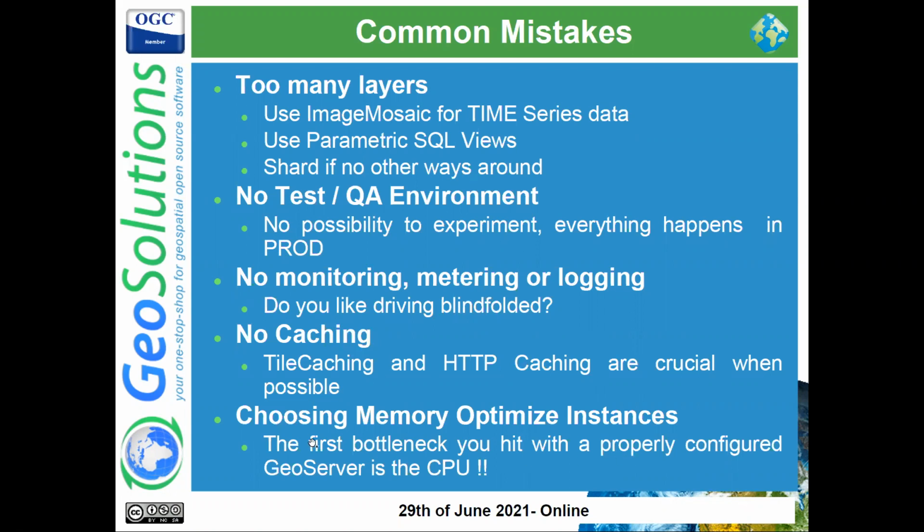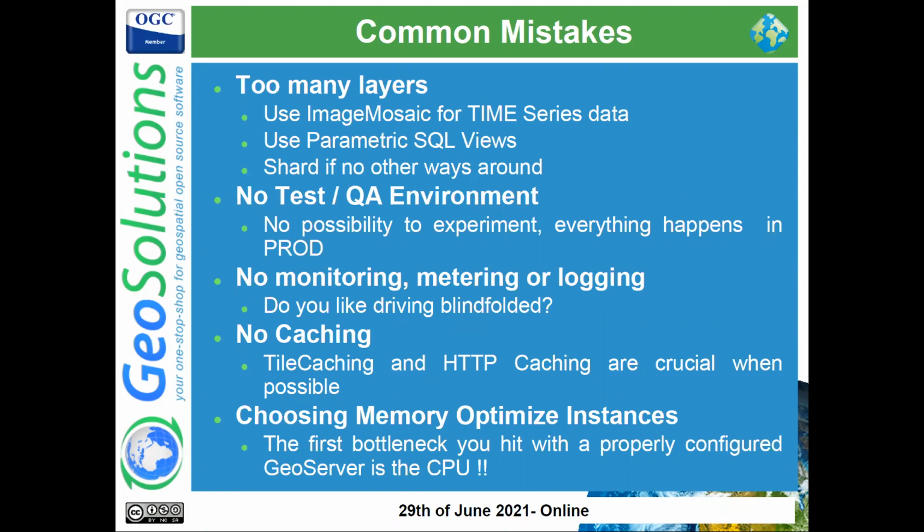Another typical mistake is choosing the wrong type of instances. If you're renting your machines from a cloud provider like AWS, Google Cloud, or Azure, you can typically choose the type of instance.